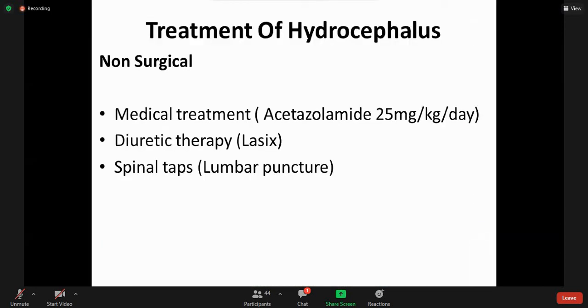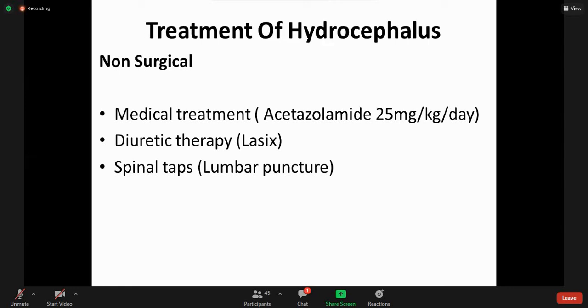So what is the treatment? Every pathology in the human body should be initially treated with conservative management, or there must be some non-surgical procedures which we should try if we can. So what are the non-surgical managements of hydrocephalus?